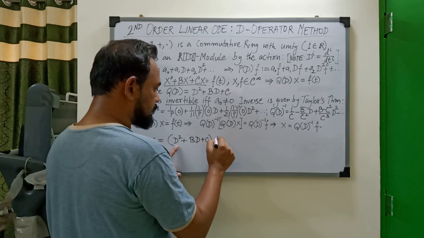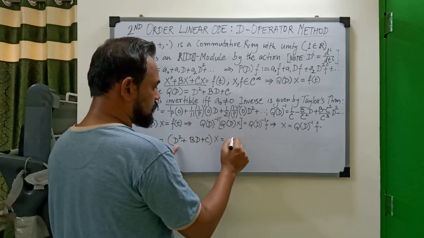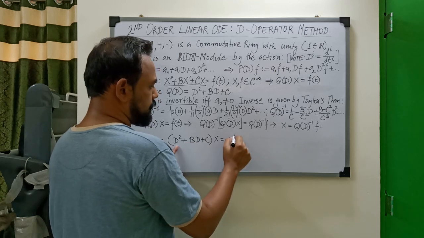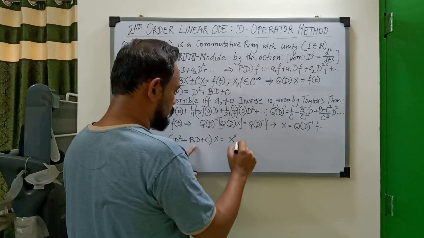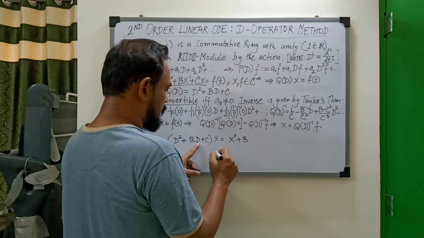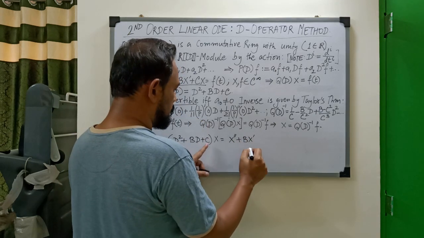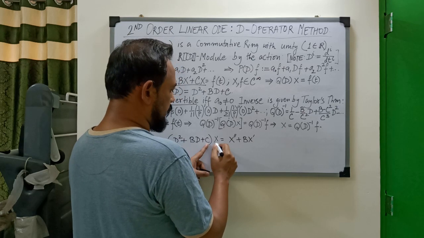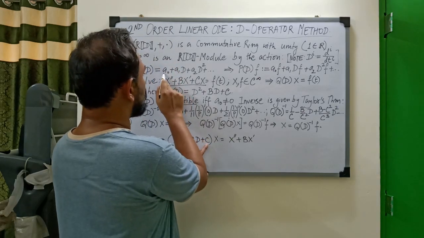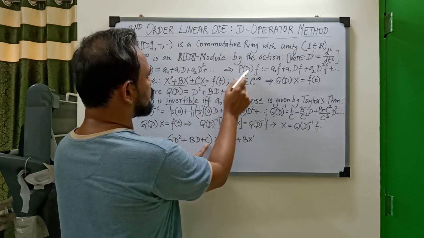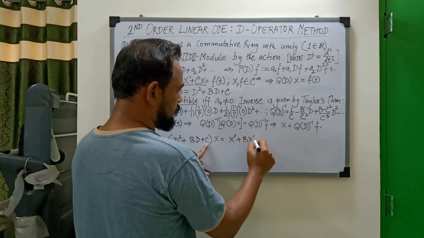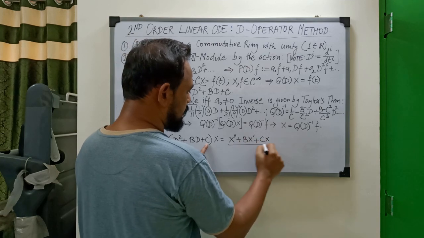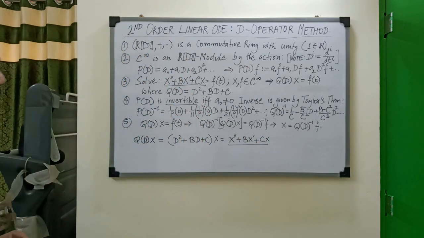The first one acts on x to differentiate it twice, because D square really means double differentiation, plus b is the constant, and D on x means x prime, and c on x is just the multiplication with x, because when there's a constant, the constant term always simply multiplies the function on which it is acting. So this is just cx, and that's really the left hand side of the equation.